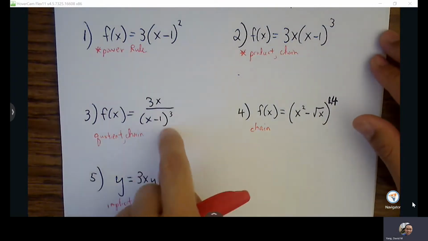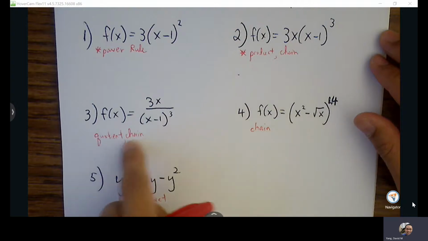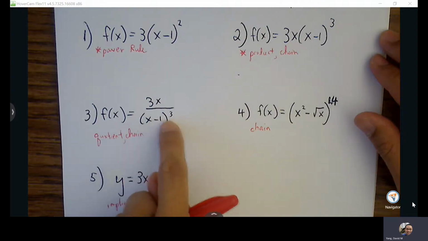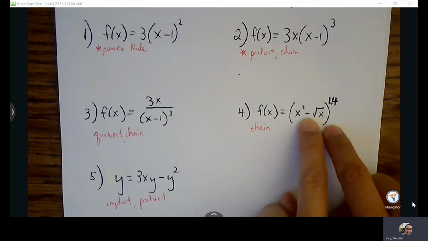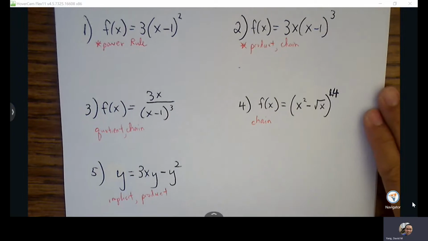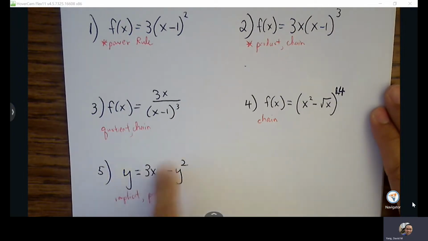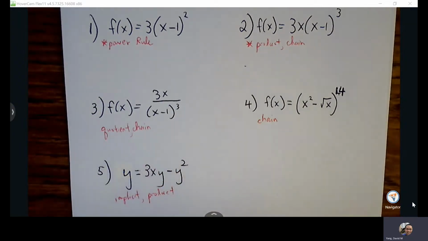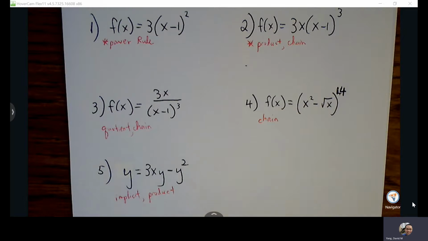Numerator and denominator involved, so that's a giveaway for quotient rule. But then chain, because of the denominator cubed. Chain rule here, multiple terms inside with an exponent outside. If we can't expand it, then typically that's an indication we've got to use chain rule. And implicit, hopefully we're able to recognize it more now that we've seen them. When there's a bunch of y's involved, we know there's going to be implicit, or something strange done to the y. And also product, because there's that 3xy.